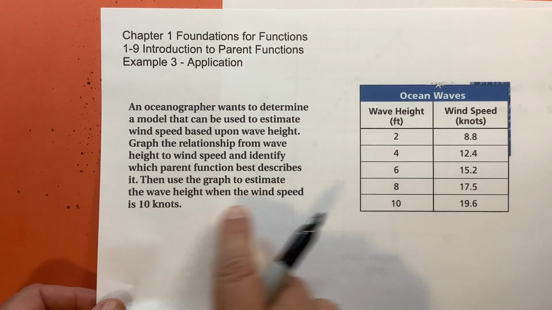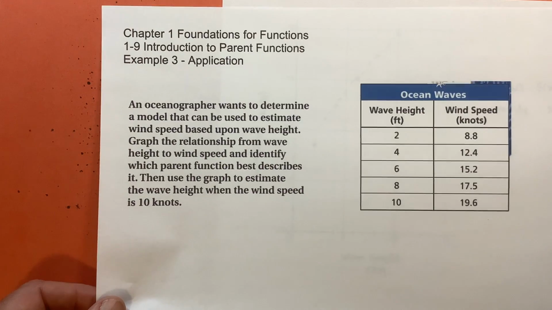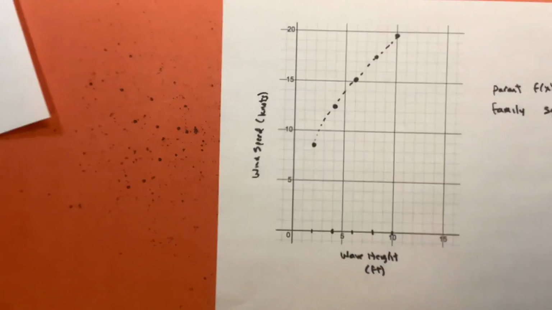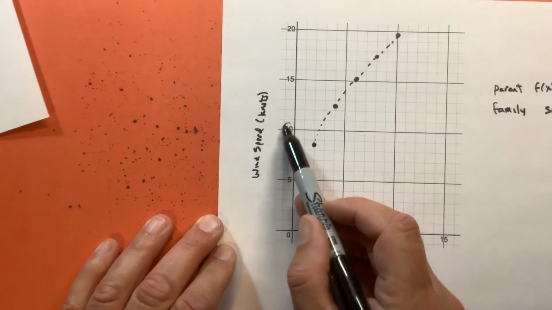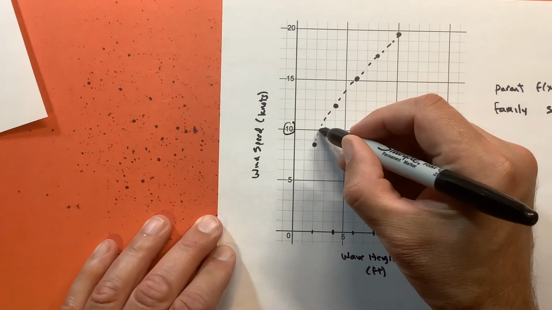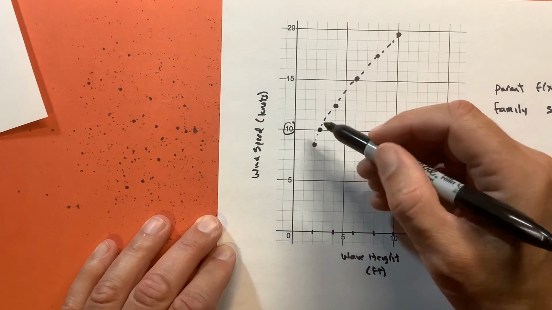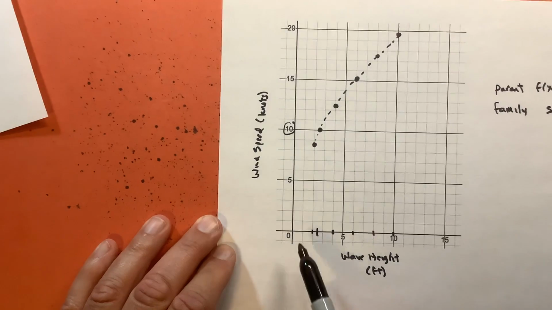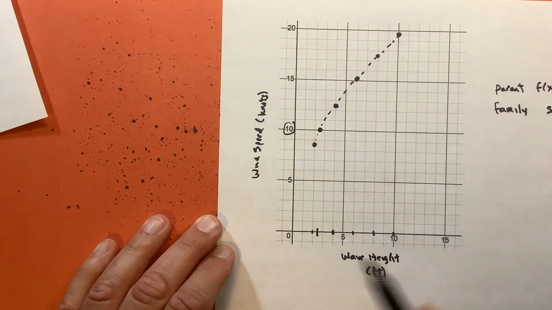The last thing we're going to do is use this to estimate the wave height when the wind speed is 10. So if we reverse this, if the wind is 10 knots, 10 knots is right here, and I'm going to estimate that it's about right there. So I'm going to come down to my x and say right there. So again, this is 1, 2, 3.